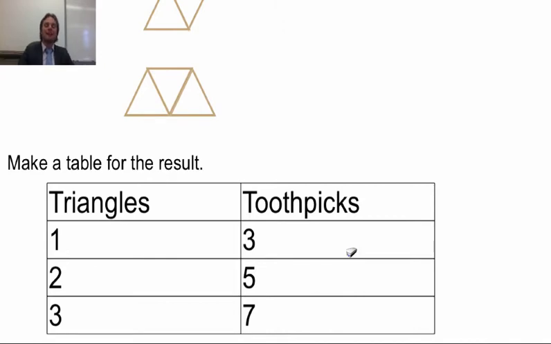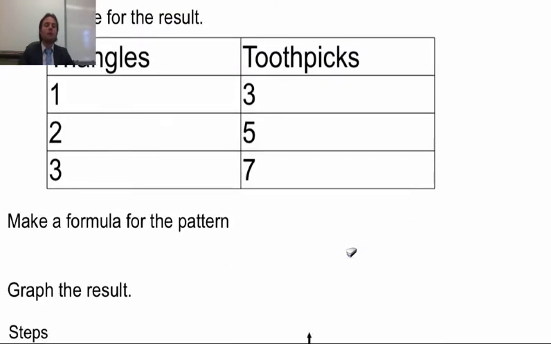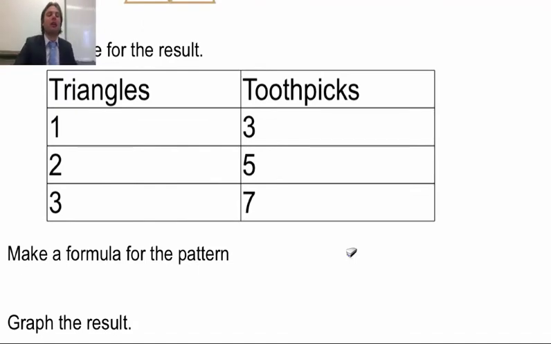So the next step, if we remember, is we are going to make a formula based on our table. Well, what is the pattern here? I look at this, every time the triangles go up by 1, the toothpicks go up by 2. So the amount of toothpicks, which I'm going to just say is y, is equal to 1 multiplied by 2, because we have to multiply the triangles by 2, and then we have to add something to get the number of toothpicks.